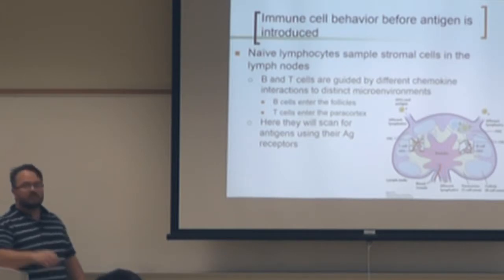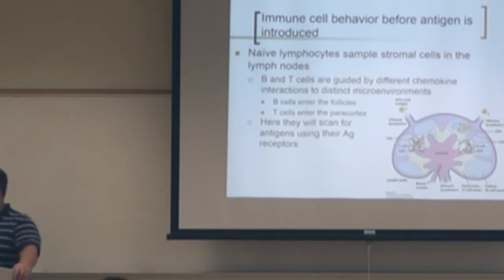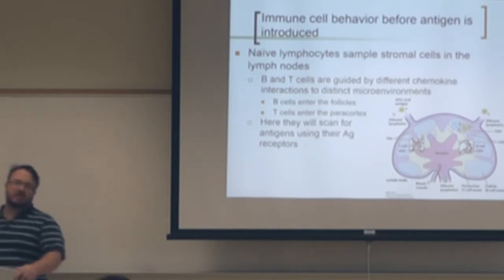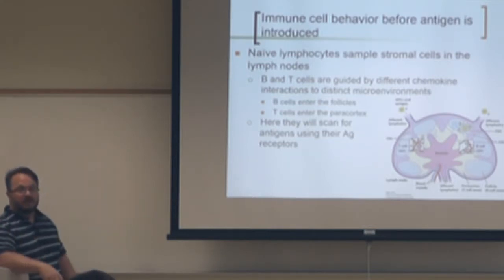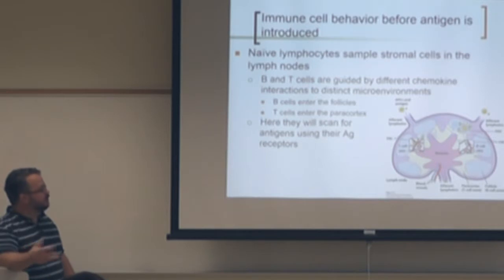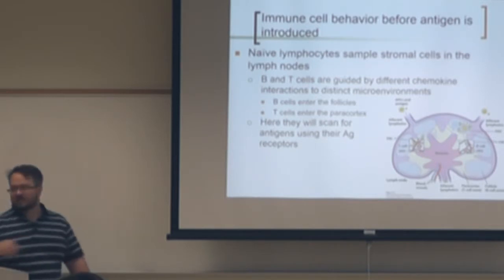So where do dendritic cells go? Through the afferent lymphatics. Yes. Usually you'll find dendritic cells in tissues, and then they'll traffic into the lymphatic system and move through that system.